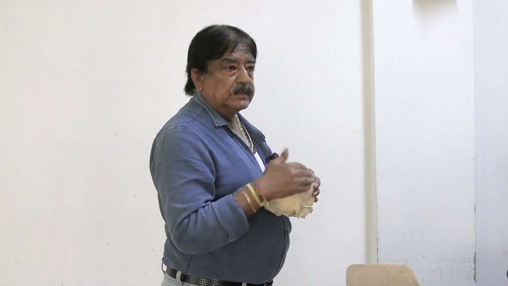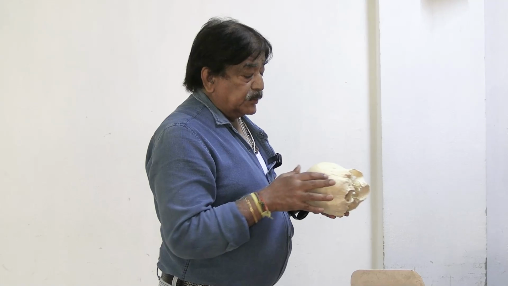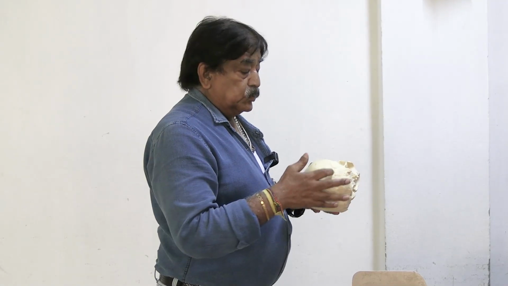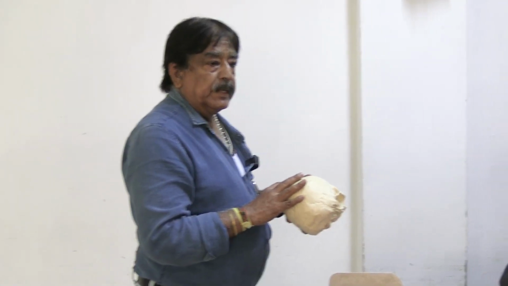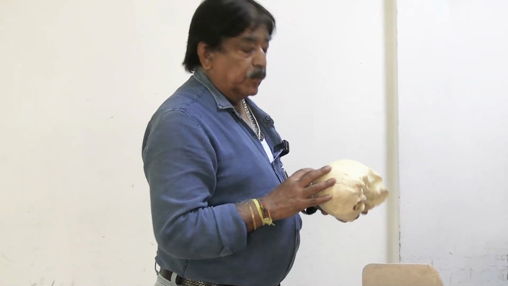Now on the lateral side, this is the parietal bone. Today's discussion is on the parietal bone. These sutures are there, and the parietal bone is a quadrangular bone.